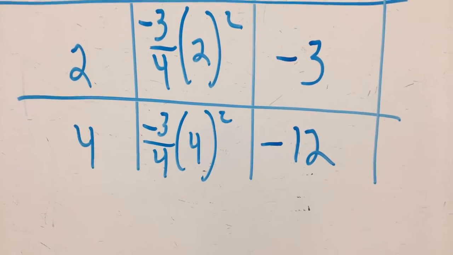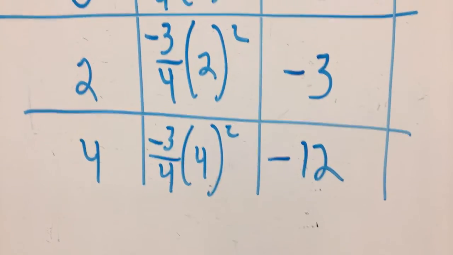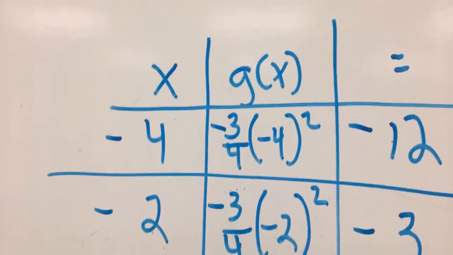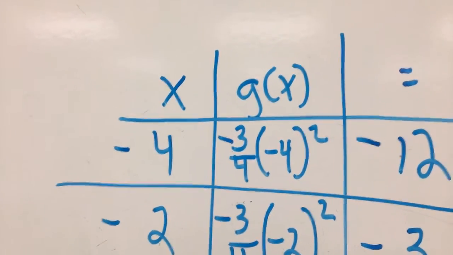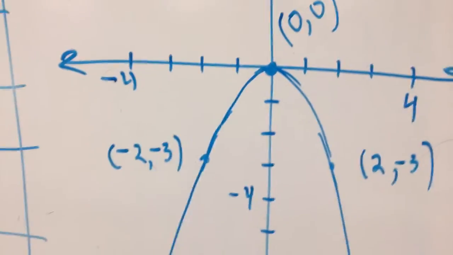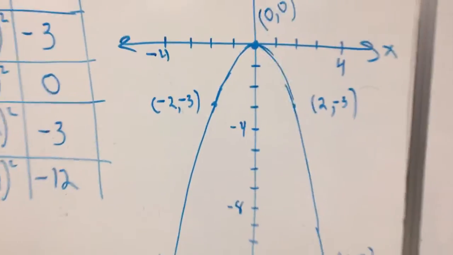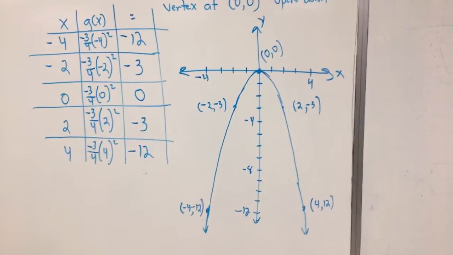Remember, 4 squared is 16. 16 divided by 4 is 4, and 4 times negative 3 is negative 12. Negative 4 squared is 16, and the same thing happens. So now let's graph that. There's my vertex, and there are my points. And it looks like that. Now that is not too scary.